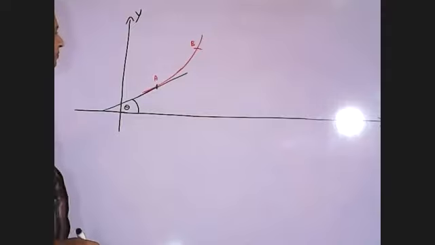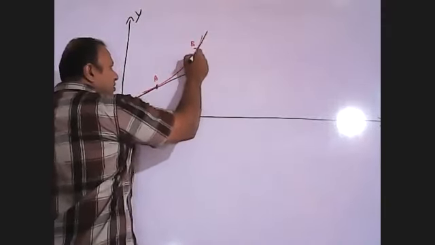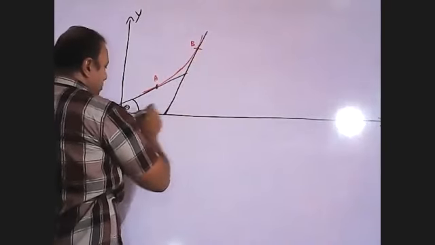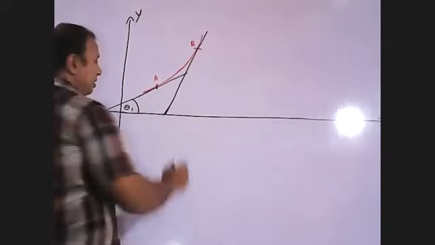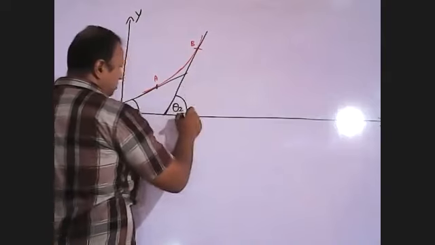This angle is theta. If I draw a tangent to B, suppose this one is theta 1, this is theta 2.